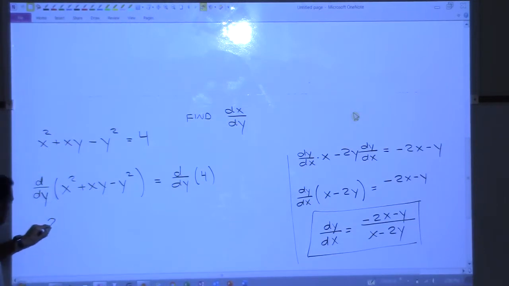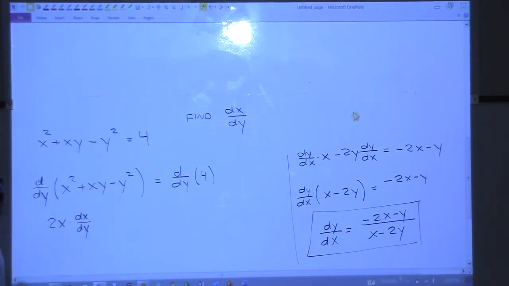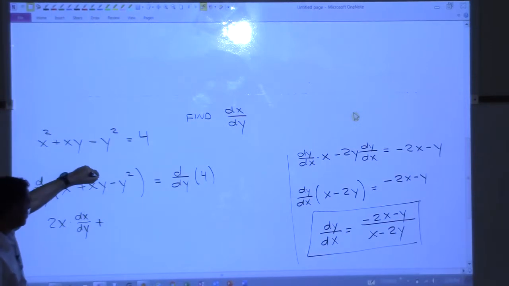Okay, so 2x to the first times dx/dy. See, this time it's not 1. And the reason it's not 1 is because these variables don't match. So when you do the 2 coming out and then x to the first power, when you take the derivative of x with respect to y, it's not 1. Got it? Plus, okay, now we still have to do the product rule, don't we?